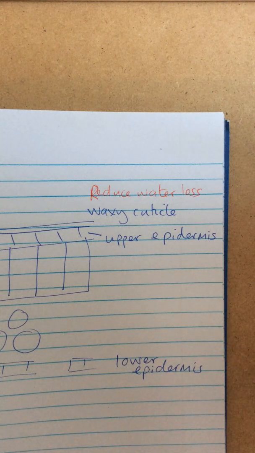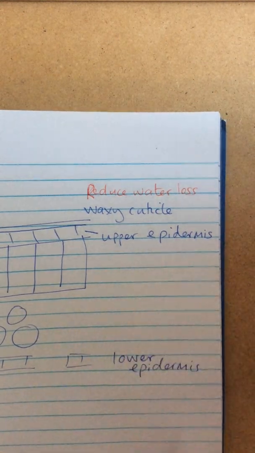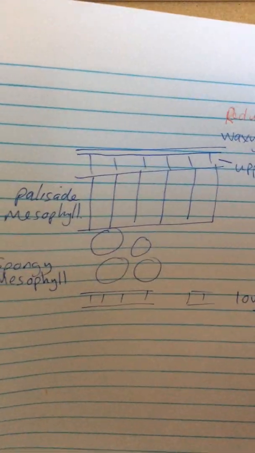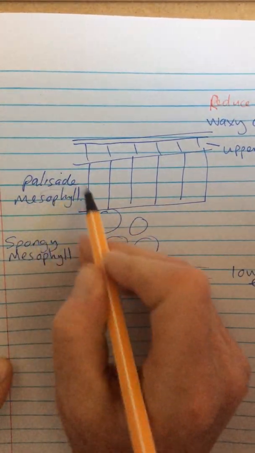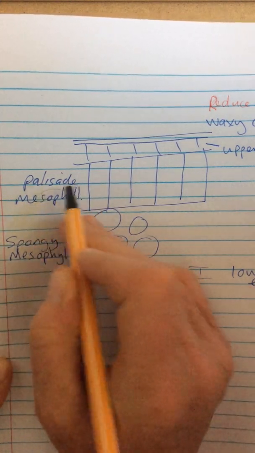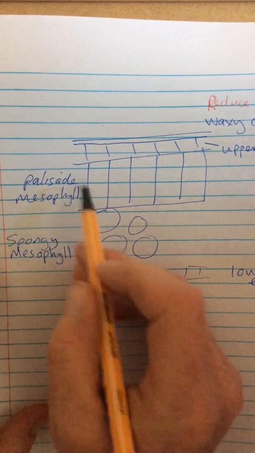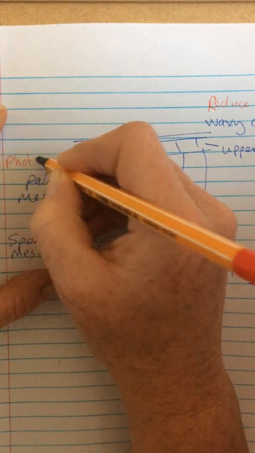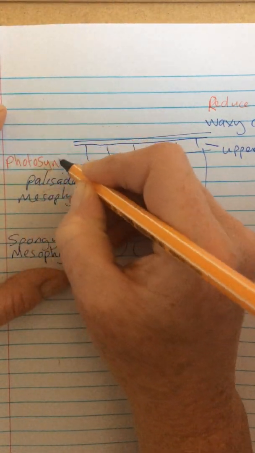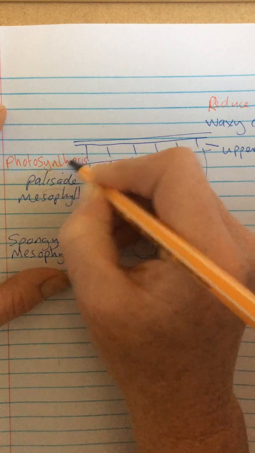Okay, now the upper epidermis, we don't need to worry too much about its function. The next thing that's most important is this layer here, the palisade mesophyll. If you're a plant, this is one of your most important layers, because the job of the palisade mesophyll is photosynthesis.